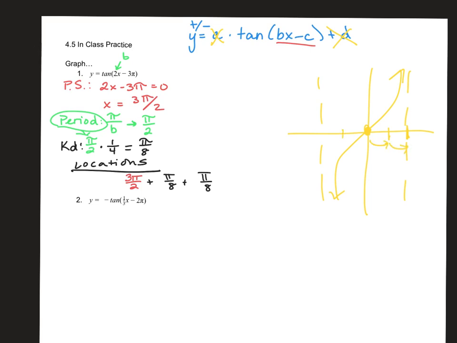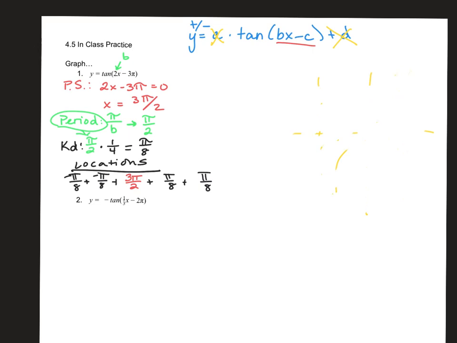But then we're also going to move backward our key distance. So we're also going to subtract, which my crazy brain makes me add a negative in order to subtract. And that's going to let me find the locations on the x-axis. So I'm going to erase the yellow tangent curve out there. Well, eventually.